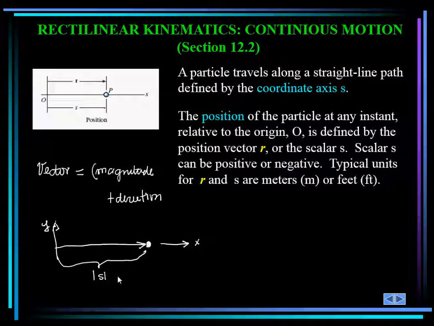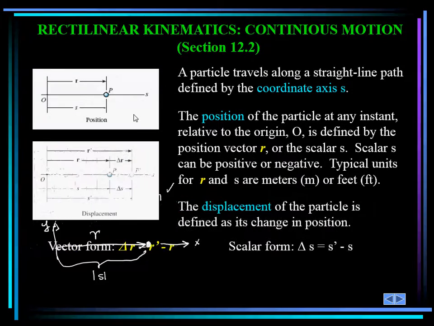This is s, but the vector is r. So r has magnitude and it also has direction. That's why you see r here, measured in meters or in feet.